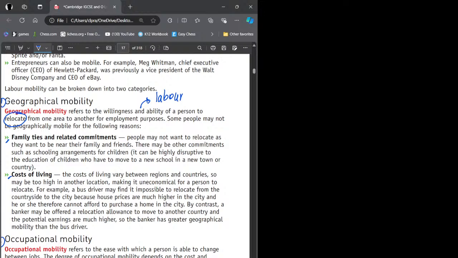And let's say for Ecuador and Russia, I guess. The cost of living in Ecuador is very cheap, whereas the cost of living in Russia is very expensive.